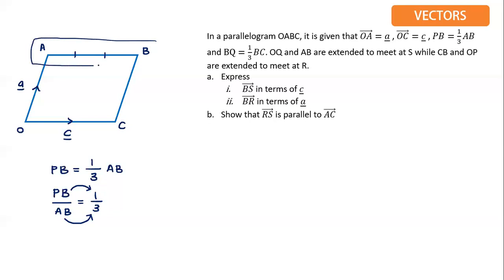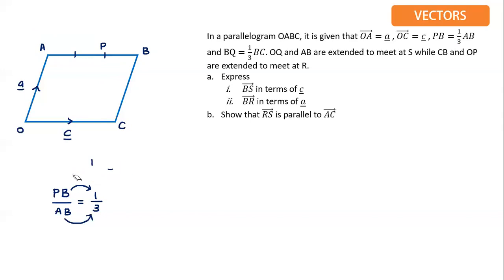Okay, after that, they mention here PB. Can you see PB? PB means somewhere here is supposed to be P. So this is your P. Understand, class? This is your AB of 3 portions, and your PB is 1 portion. Done. I already marked where my P is.